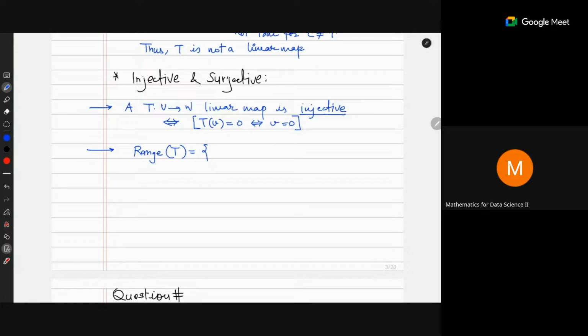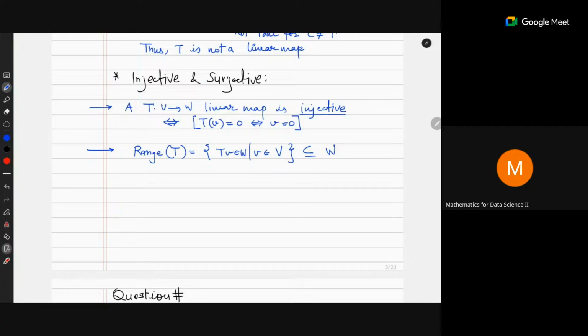Range is the set of all vectors W in W such that W is equal to T(V), where V varies in vector space V. So this will be an image, this will be a vector in W. So it is a subspace of W.